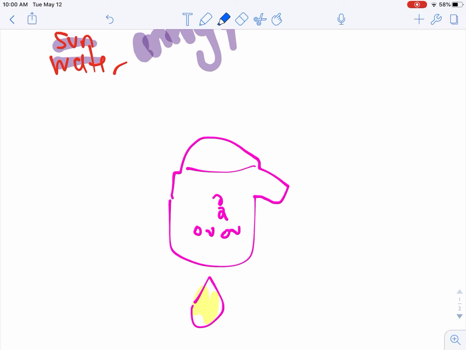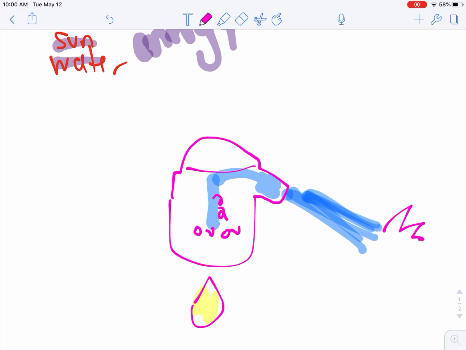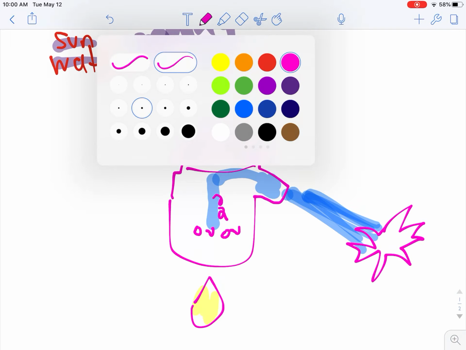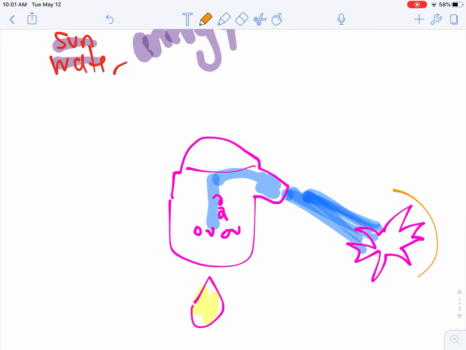It starts to whistle because the steam is coming up and it shoots out of the tea kettle. Well, if you had a fan right there, or a turbine, it's a crappy drawing, I'm sorry, that steam would turn it.